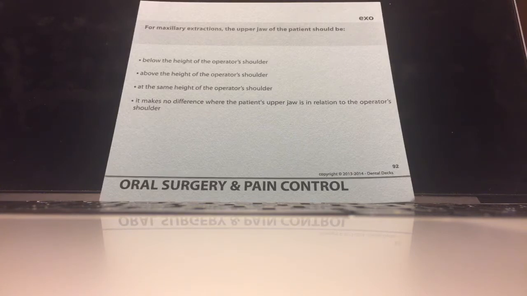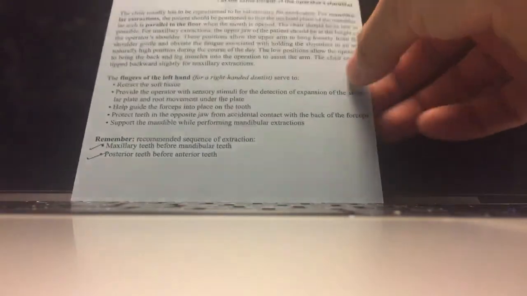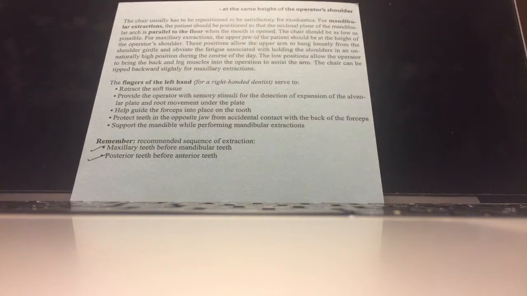It makes no difference whether the patient's upper jaw is in relation to the operator's shoulder. It should be at the same height of the operator's shoulder. The chair usually has to be repositioned to be satisfactory for exodontics.